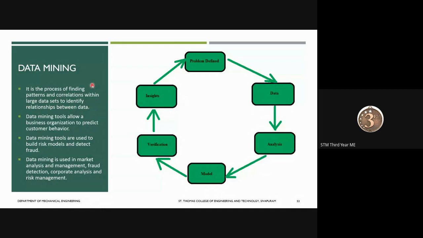So we have compiled all the data. From that data warehouse, we are finding patterns of all the data and finding out the correlation between them. So we are going to study from one data.